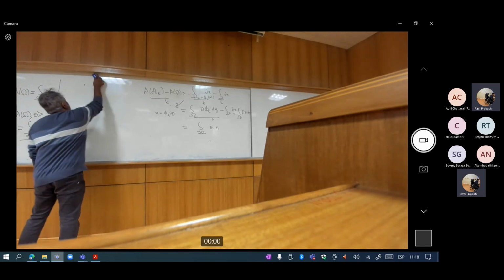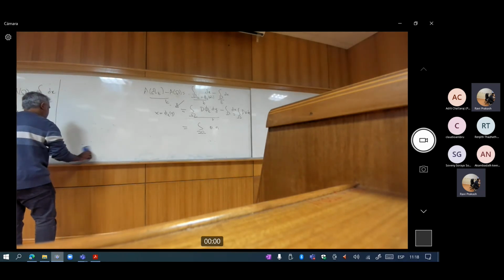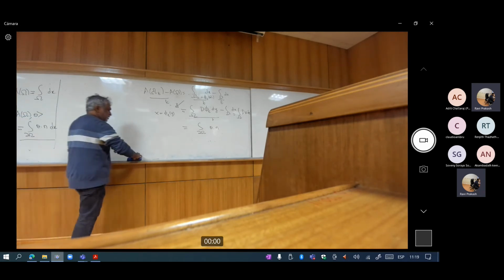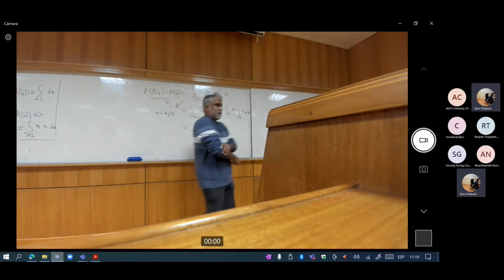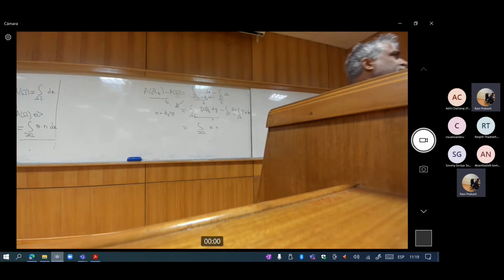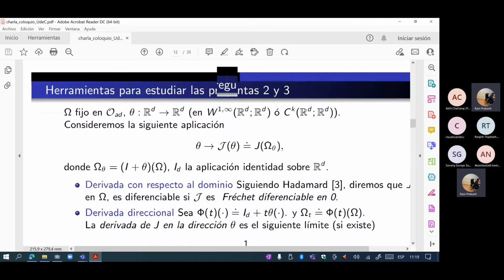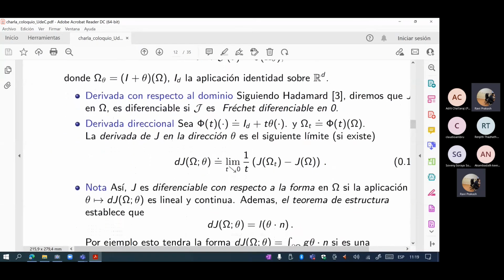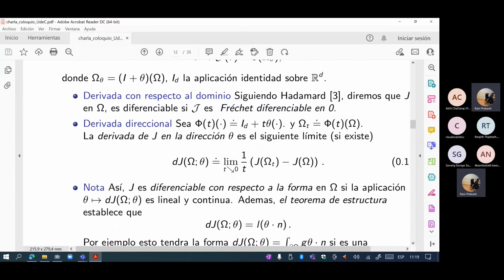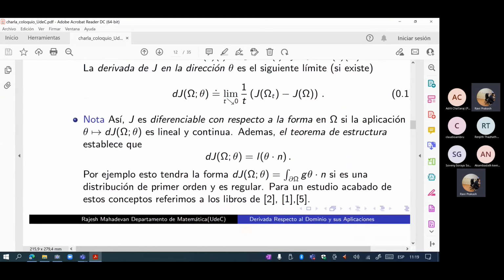Suppose that in A omega we have the integral over omega of some function g dx. Then if we do it for any theta, maybe that will not be the admissible domain. So theta has a role here. Okay, for the time being, that's all. All this I've already said.